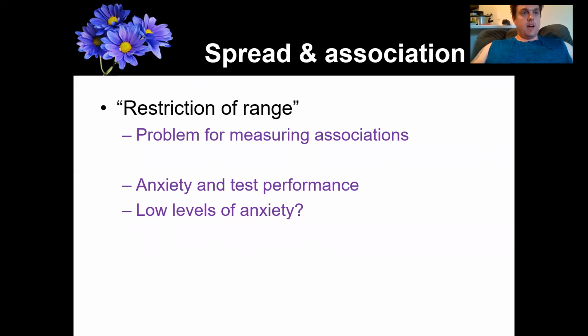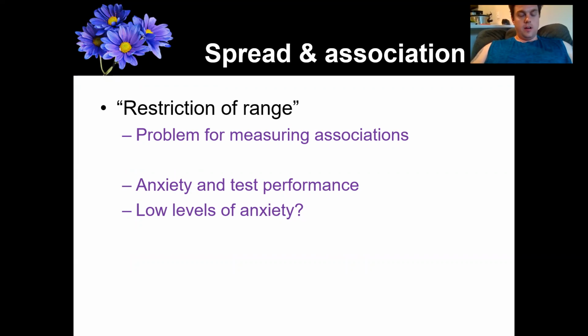When people take a math exam, does their anxiety predict their performance? Is it correlated with their performance? We would expect a negative correlation there. The more nervous someone is, the worse they're going to perform on the exam. The less nervous they are, they're probably going to do better.